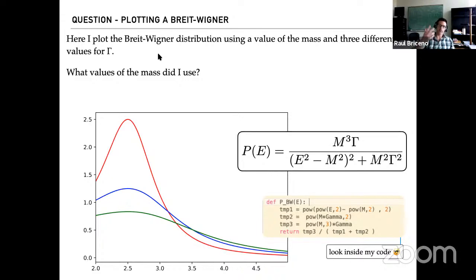Just try to get some intuition for this function. Here I've written some code for P_BW as a function of energy, okay? And I just plotted this thing, P(E), as a function of E, okay? I did it for the same value of M, but different values of gamma, okay? So my question to you is, what value of M did I pick and why?